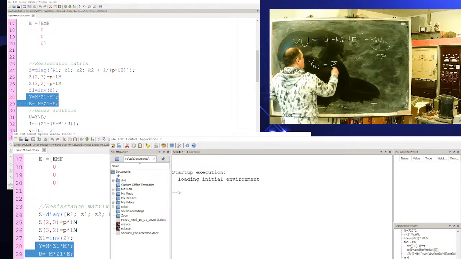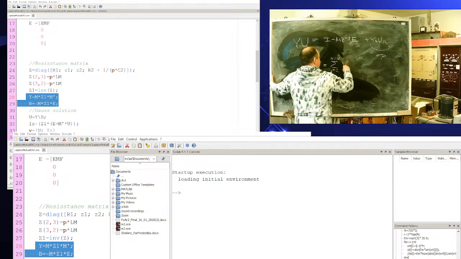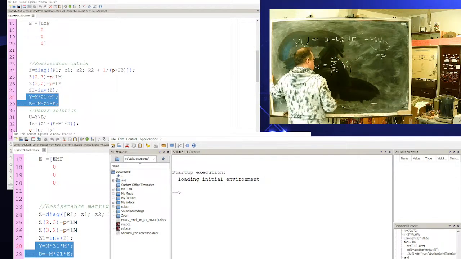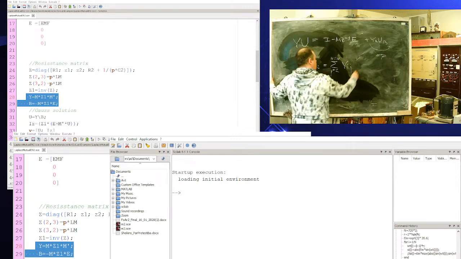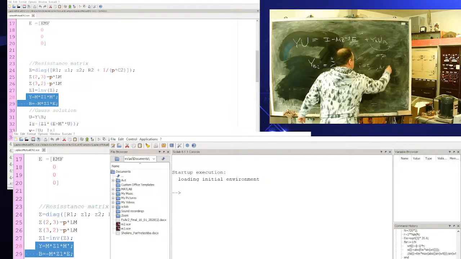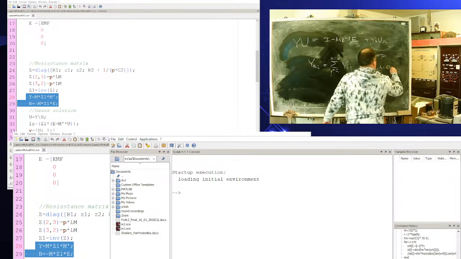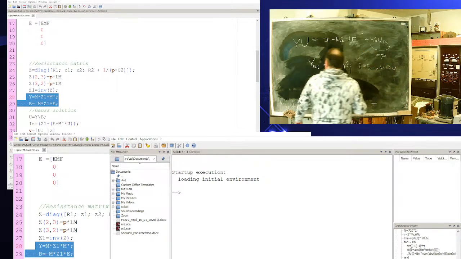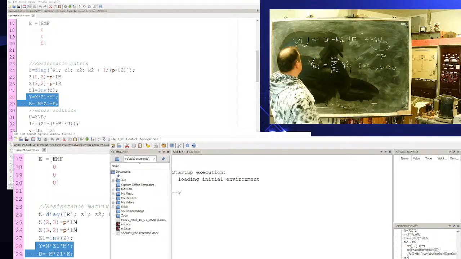It's a sum from 1 to number of nodes. But this is current source vector.